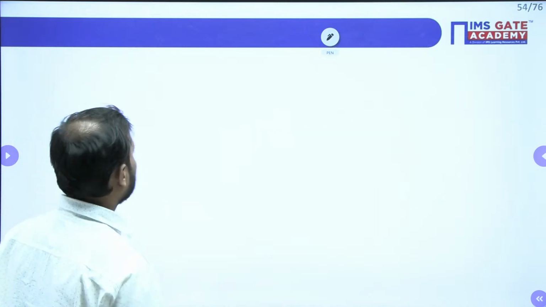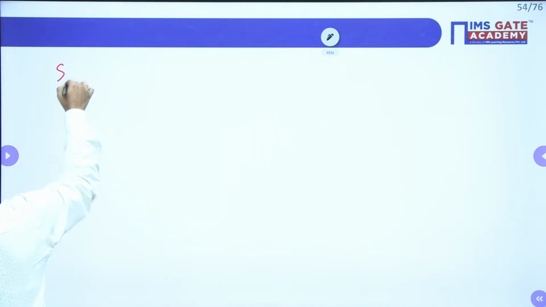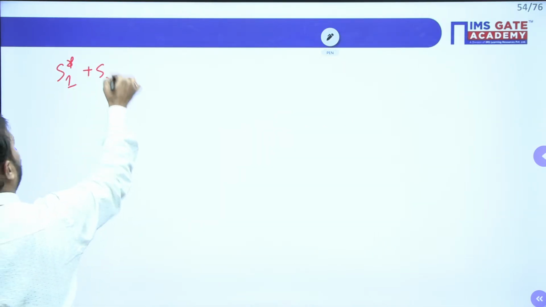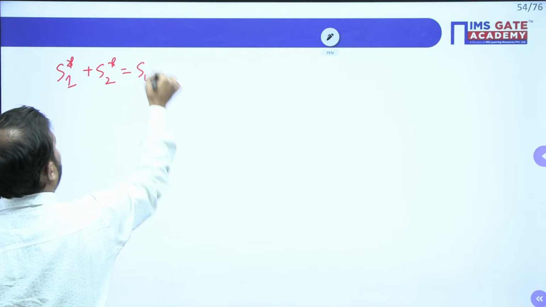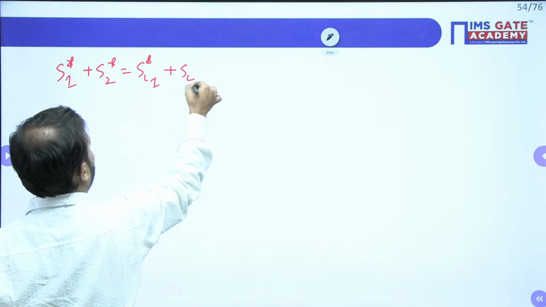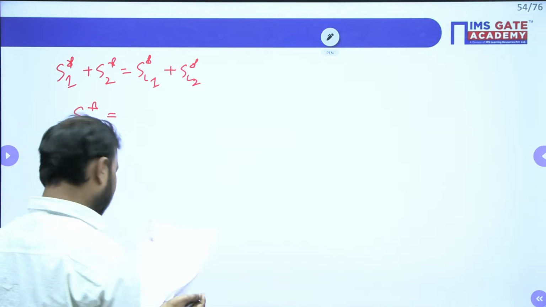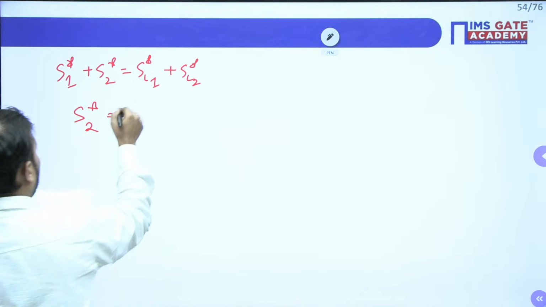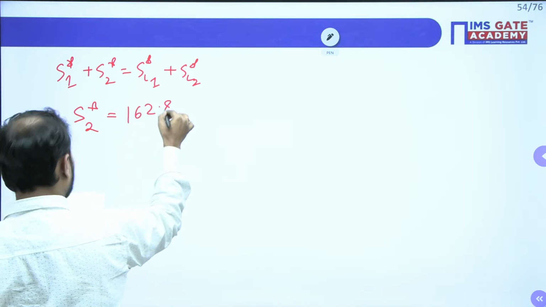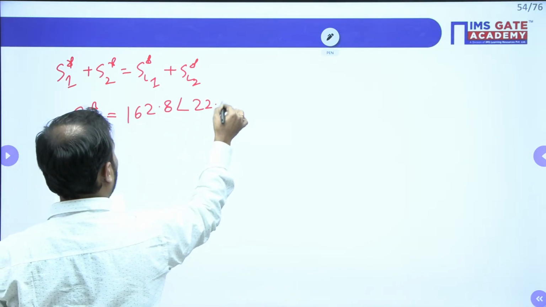Done. So S1 conjugate plus S2 conjugate is equal to SL1 conjugate plus SL2 conjugate. Substitute all values, you will get S2 conjugate as equal to, let me write it directly, 162.8 at an angle 22.87.